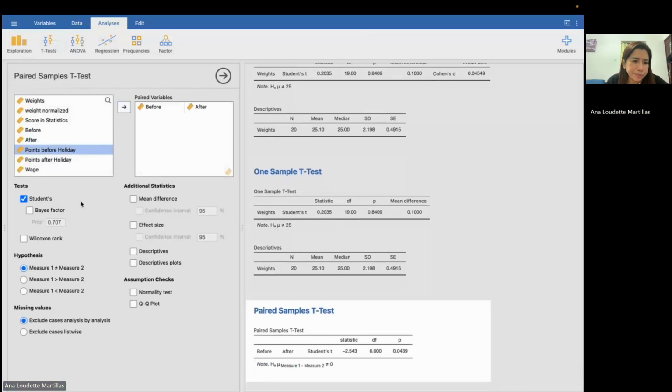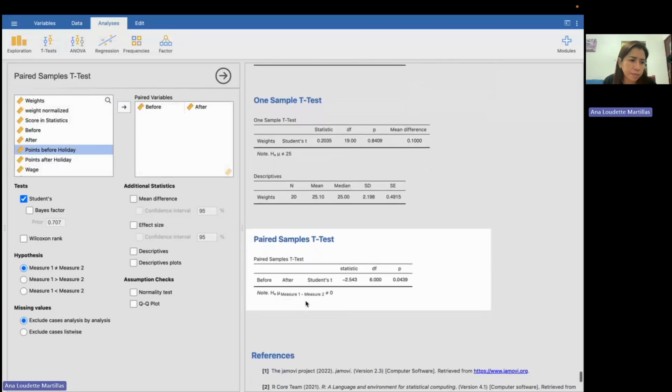Check Student's. Since the researcher would like to know if there is a significant difference between before and after, let's change the hypothesis to measure 1 is less than measure 2. So let's click on that one.